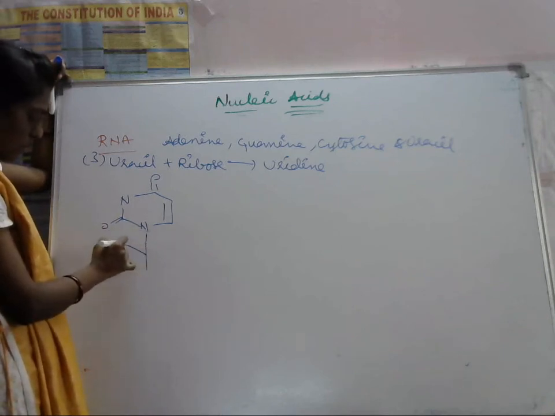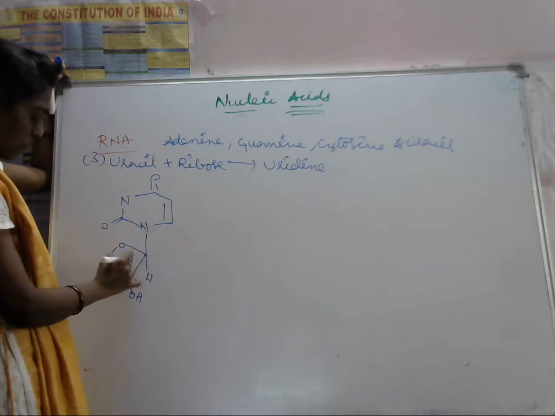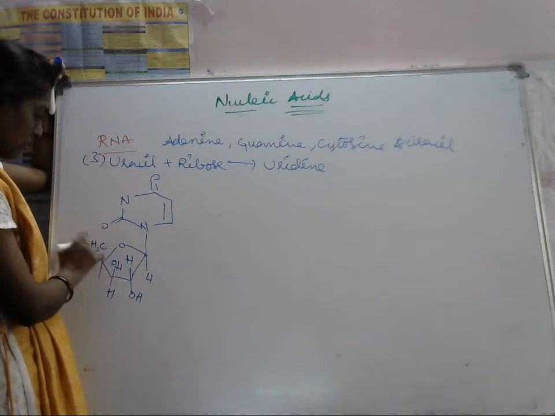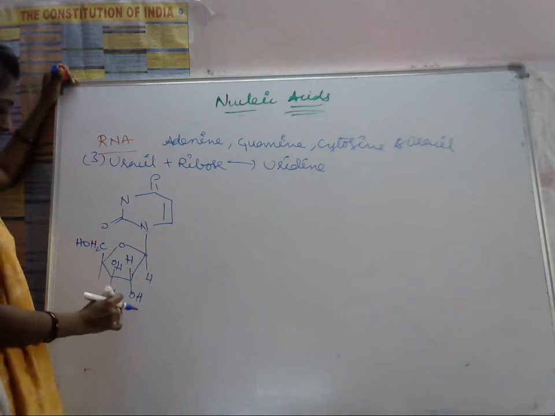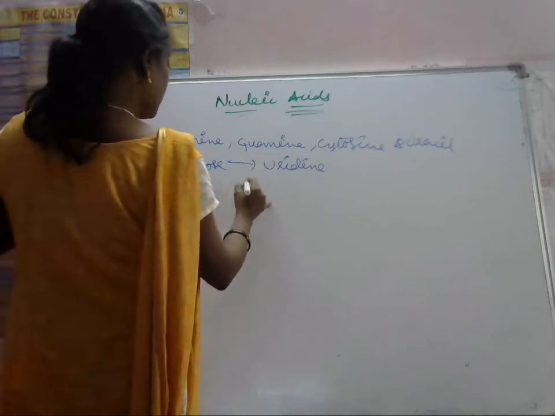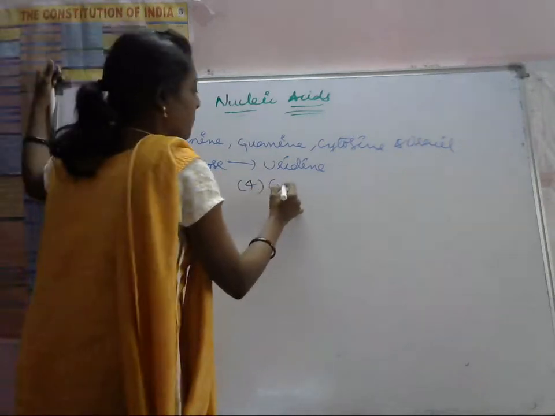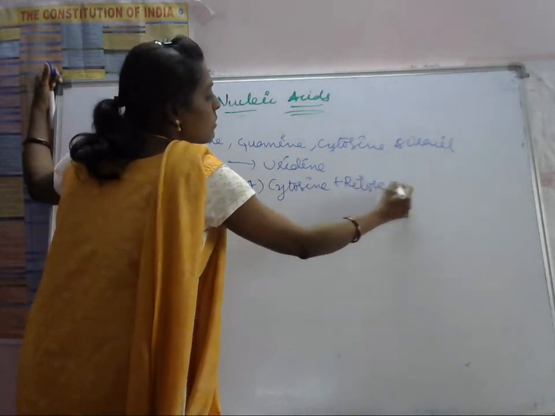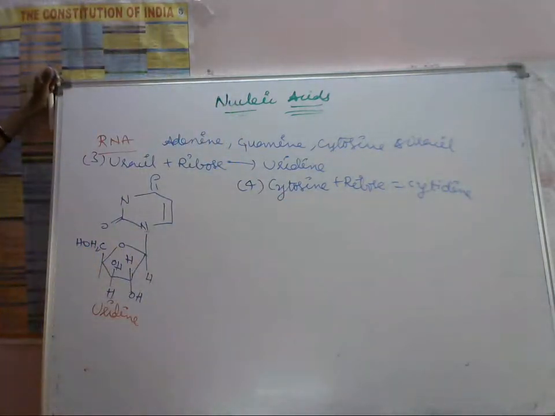It forms the ribose sugar. So this is called uridine. So the fourth one is cytosine plus ribose, which is called cytidine. Okay. So let's see the structure of this one.